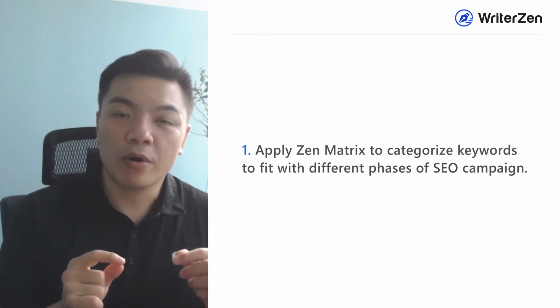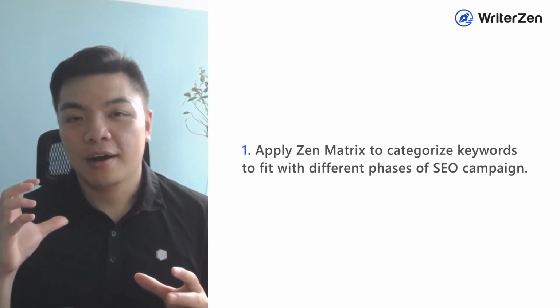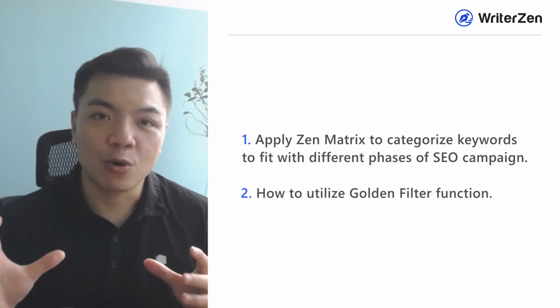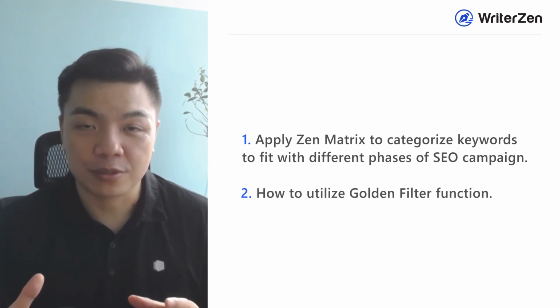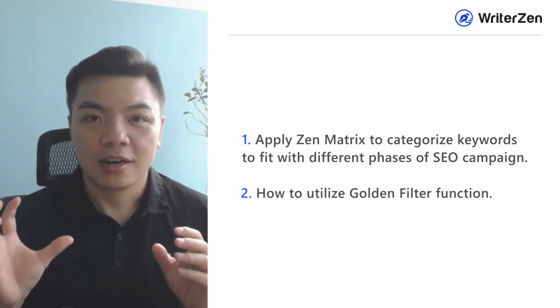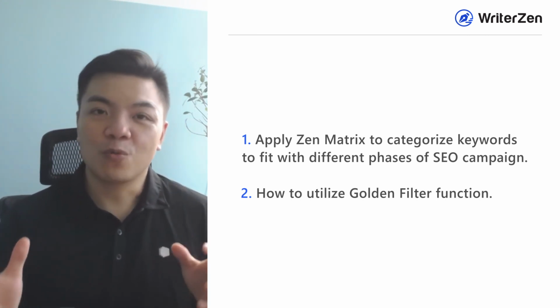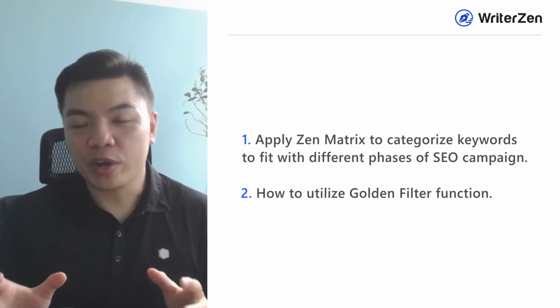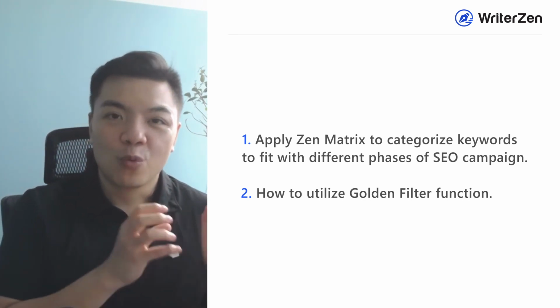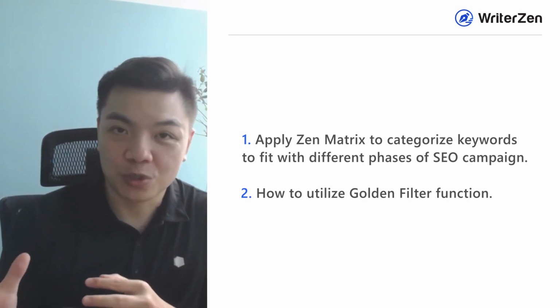The second goal is I hope to explain for you the function golden filter. How did we utilize allintitle in our research so we could really quickly determine which keywords would have high potential for you to rank, especially for people who have an intermediate level of SEO.